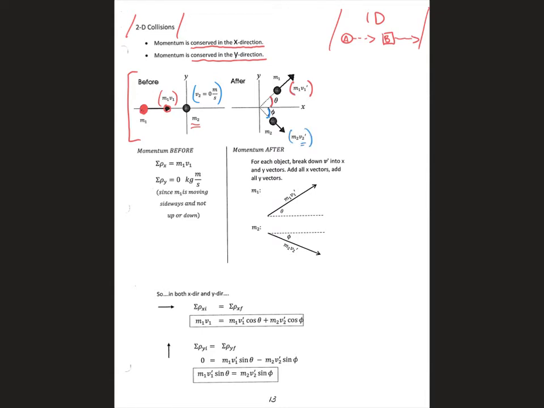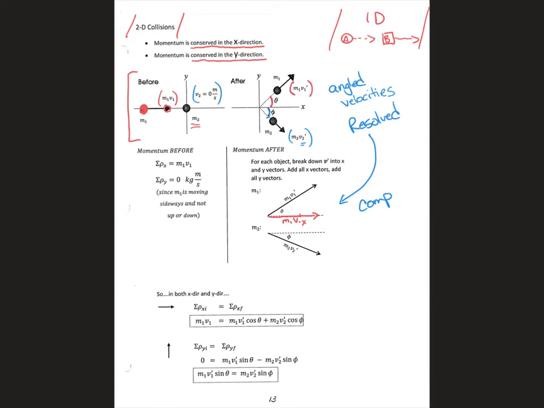I hope it's not that far from your memory that we've talked extensively about how angled velocities can be resolved into their components. So let's imagine how we would picture that momentum. Mass 1 goes into the first quadrant, so some of its momentum is in the x direction. We could call that m1 v1 prime, and we're going to add an x to that, v1x.